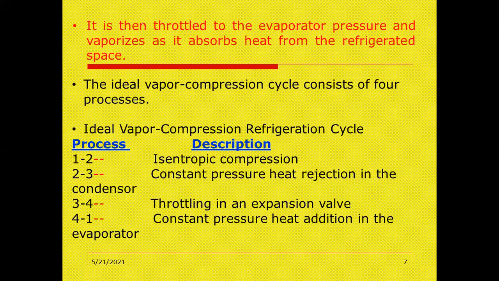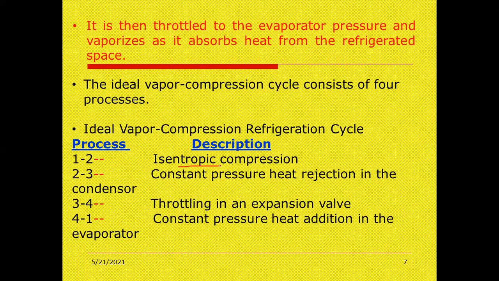Now, the ideal vapor compression cycle consists of four processes. Right? What are the four processes here? The first is the isentropic compression process: 1 to 2 is isentropic compression. 2 to 3 is constant pressure heat rejection in the condenser.